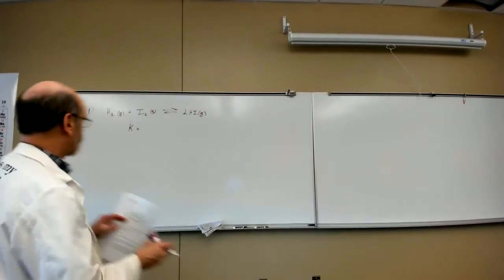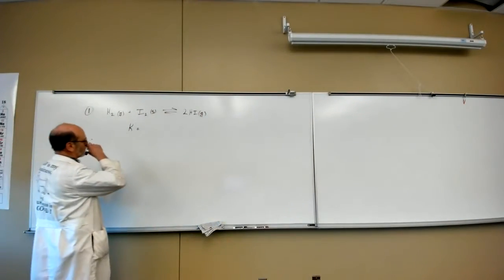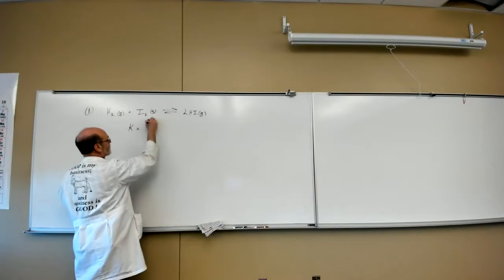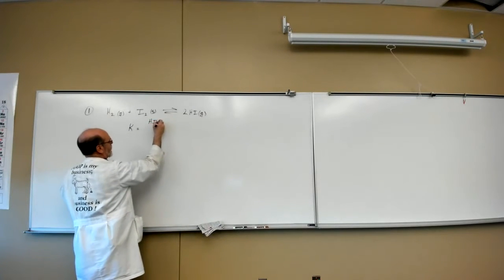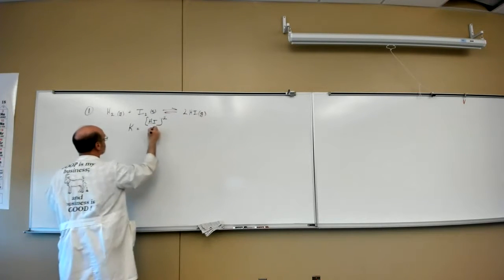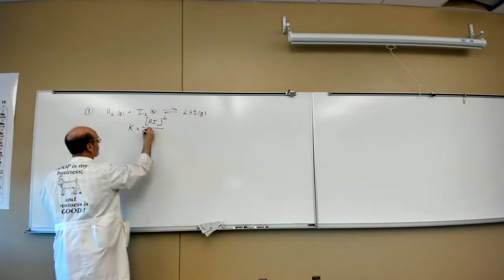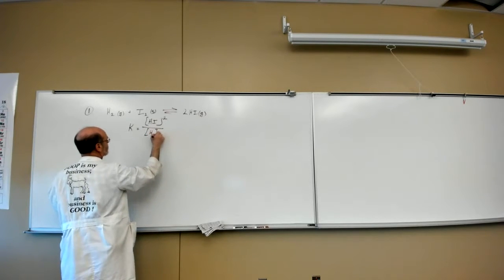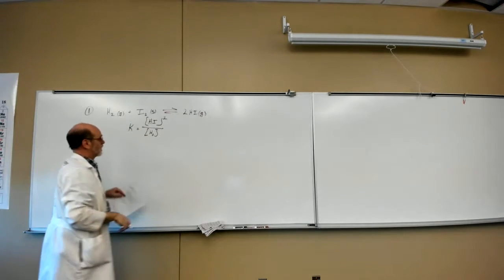Okay. That'll work, thanks. So we have hydrogen iodide to the 2nd power divided by hydrogen to the 1st power, and solids left out.